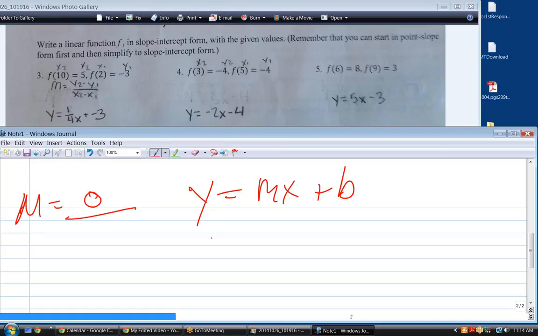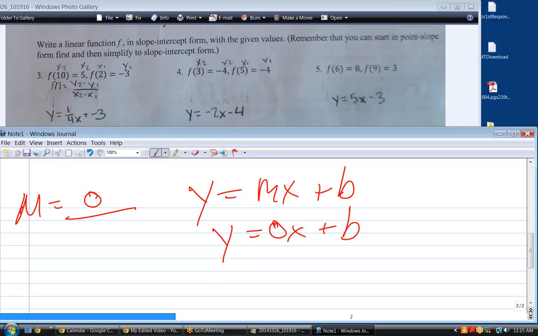So that means y equals 0x plus b. Now pick a point, substitute it in for y and x, and you got b. Let's do 5. No, my bad. Let's do -4, because it's y.